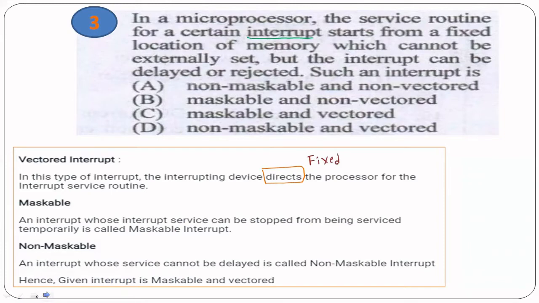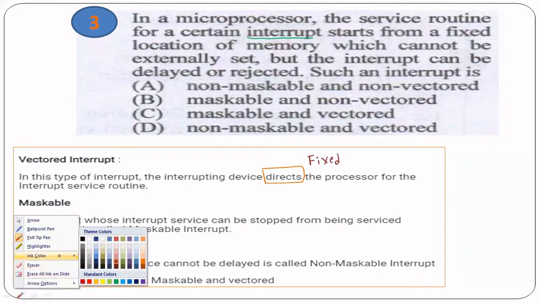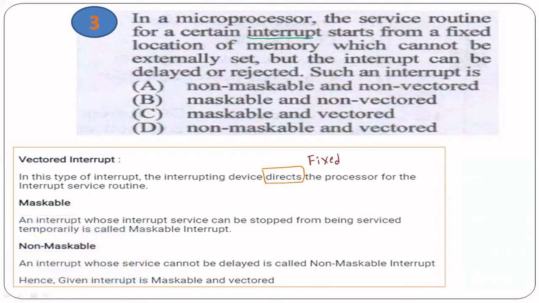Now, what is the meaning of maskable? The services of such interrupts can be stopped from being serviced, but only temporarily. The service can be masked for a while. That is the meaning of maskable.